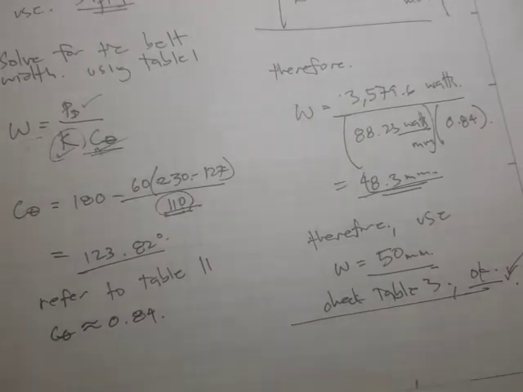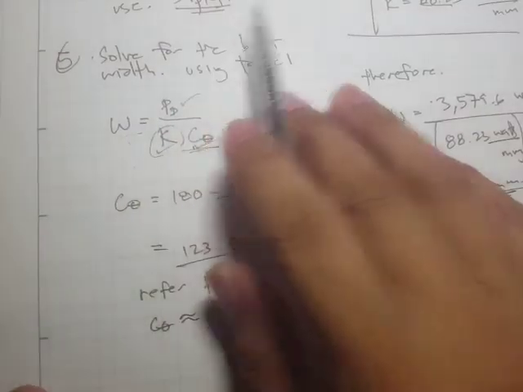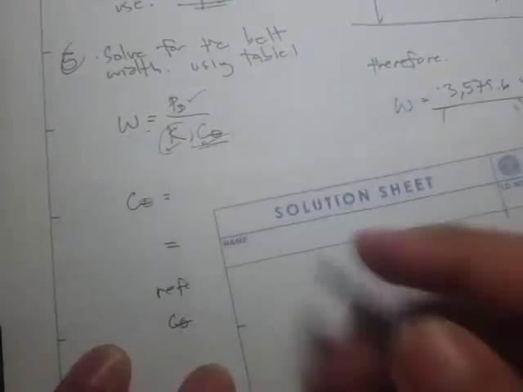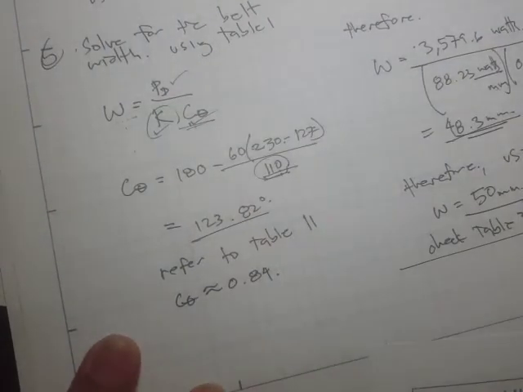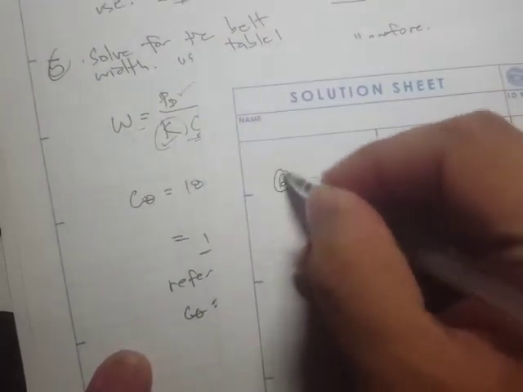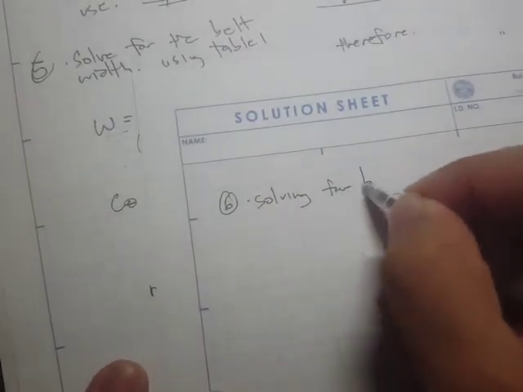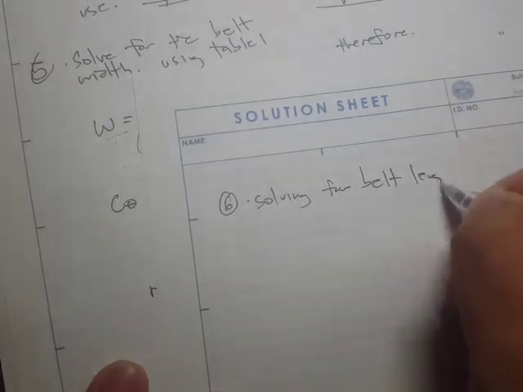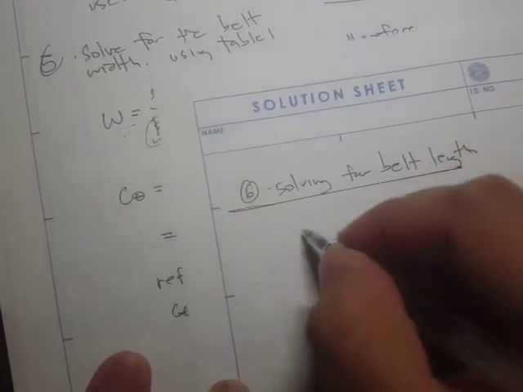So the next step is, we already have the width, we have the type, and we also have the number of ply. Then what's next is the belt length. Step number 6, solving for belt length. So we will use this equation.